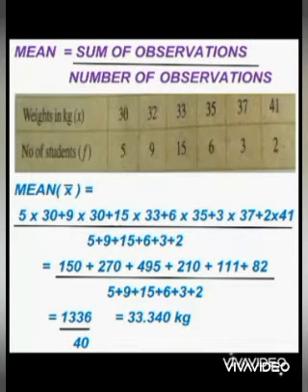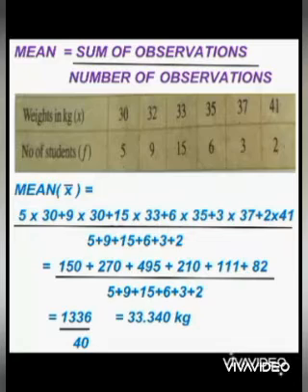So children, now we have to find out the mean or average weight of 40 students. Look at the table here. From the table we can see the weight of 5 students: each student's weight is 30 kgs. So the weight of 5 students is how much, children? 5 into 30. The sum of the weight of 5 students is 5 into 30, which is equal to 150 kgs.